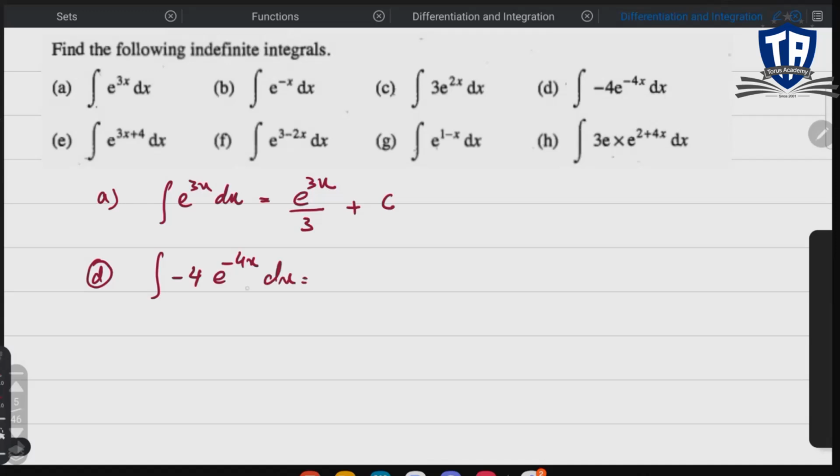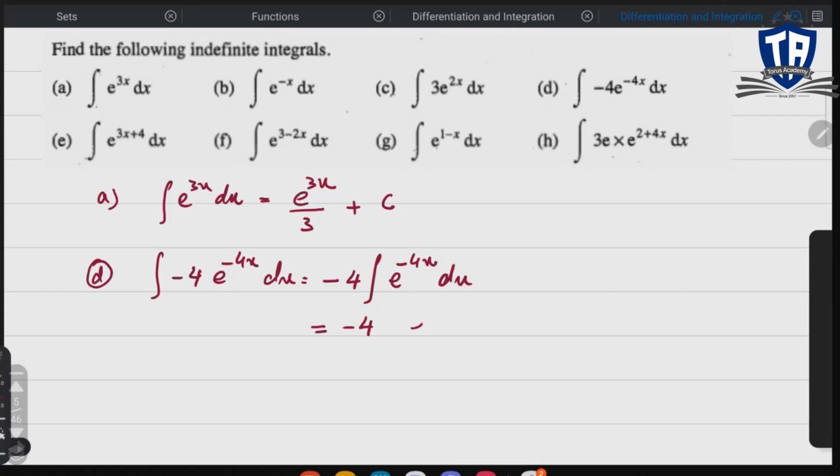Okay, if I consider part D where minus 4 is multiplying with the exponential function, we are taking the integral with respect to x, we can write minus 4 outside of the bracket and e power minus 4x and dx. Then we take the integral, minus 4 as it is. It is a constant which is multiplying with the exponential function. We call it a coefficient. We'll take the integral of exponential function.